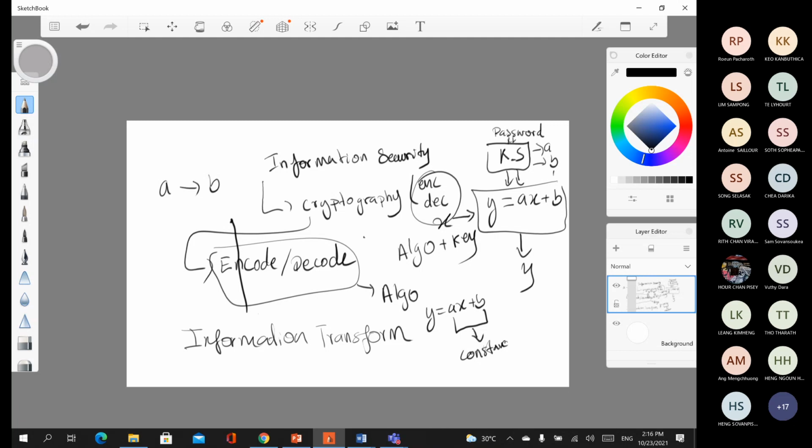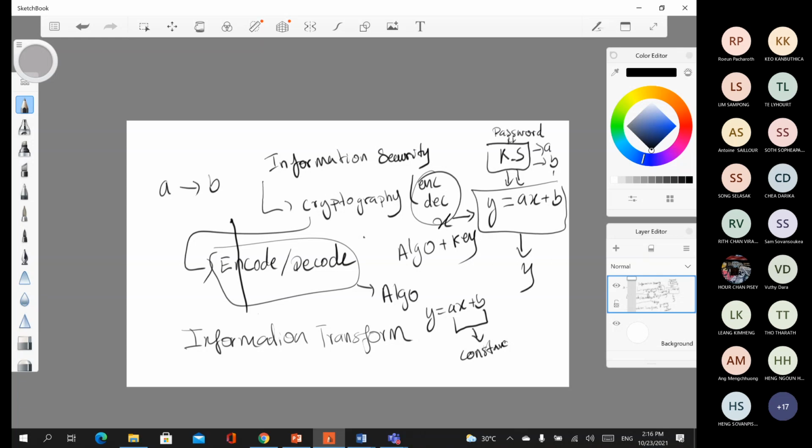So if you ask me what is the difference between encode and encrypt, by definition the same thing is that we transform information from one thing to another. And what is the difference? With encoding, we have only one algorithm: we just have the input and we can get the output.